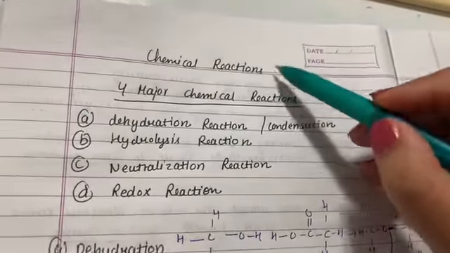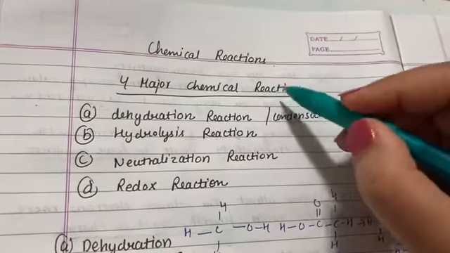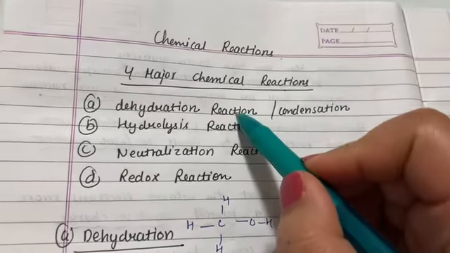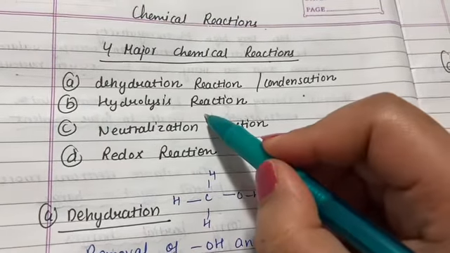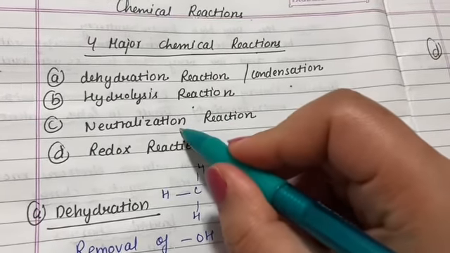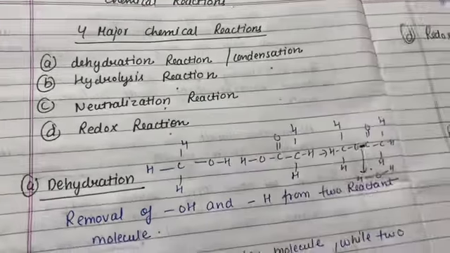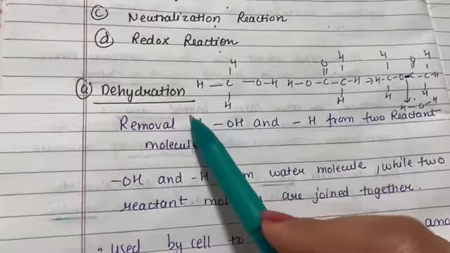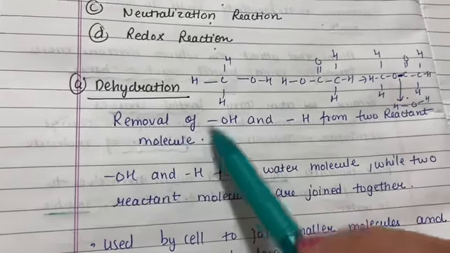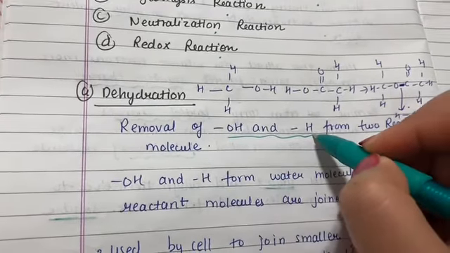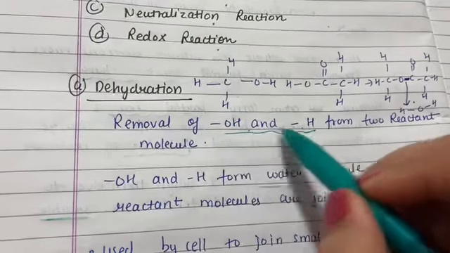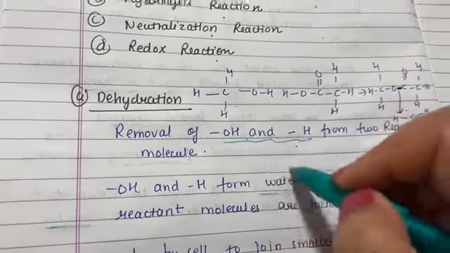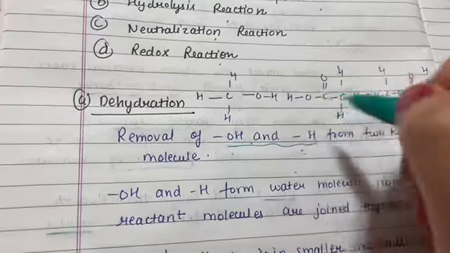Now we will study chemical reactions. There are four major chemical reactions: dehydration reaction, which is also called condensation reaction, hydrolysis reaction, neutralization reaction, and redox reaction. Dehydration is the removal of OH or hydrogen from two reactant molecules. When these are removed, it means dehydration. Here is an example.